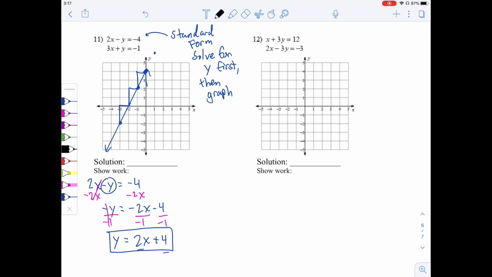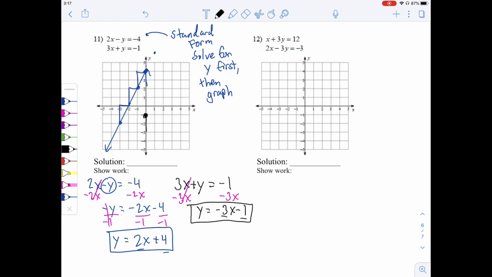Then we do the second one. We got 3x plus y equals -1. Always subtract your x variable first. We get y equals -3x minus 1. We keep those separate, and we don't have to divide by any coefficient. That's done already. So we get y-intercept -1.